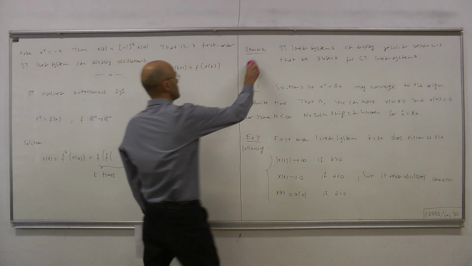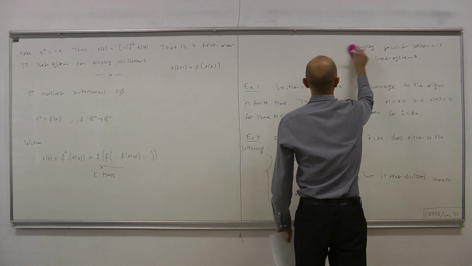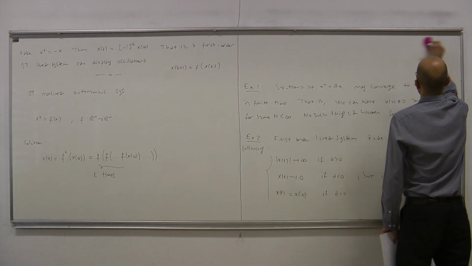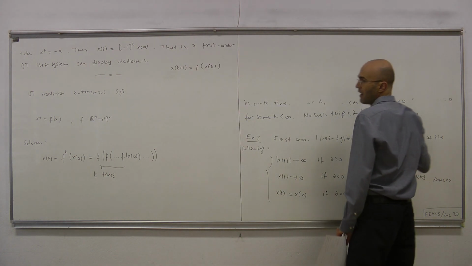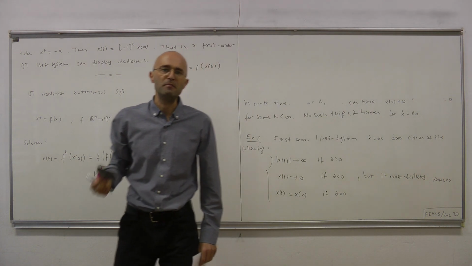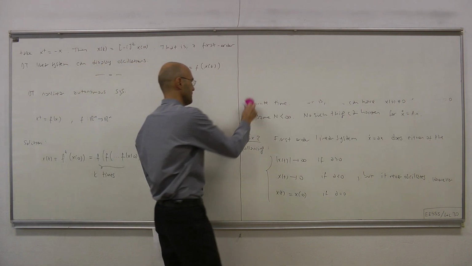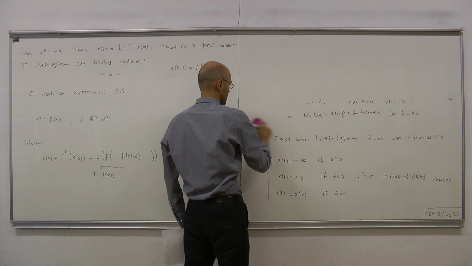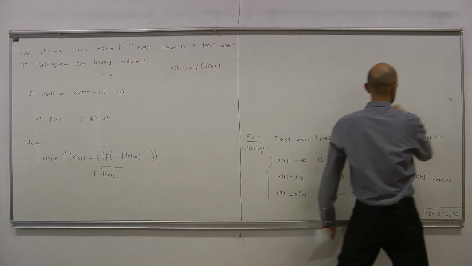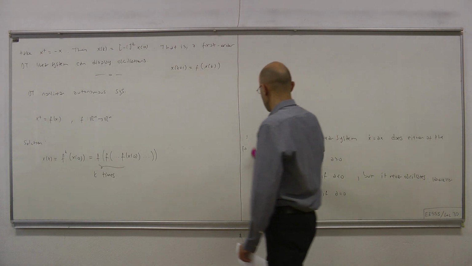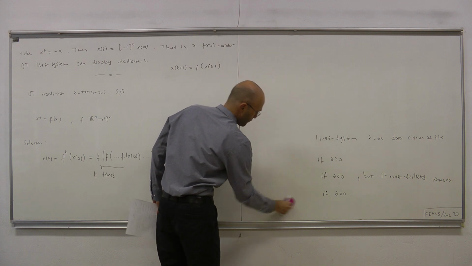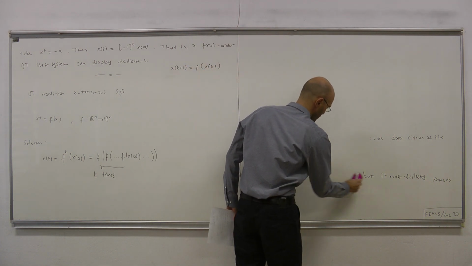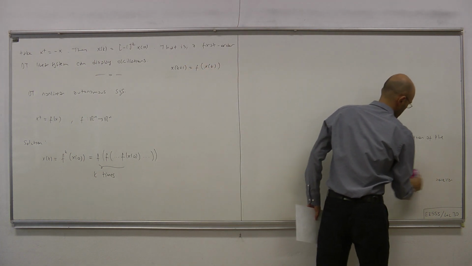Now, we will talk about stability, but to be able to talk about stability, first we have to be precise about what we mean by an equilibrium point. Qualitatively speaking, an equilibrium point is the same for a discrete time system as it is for a continuous time system.